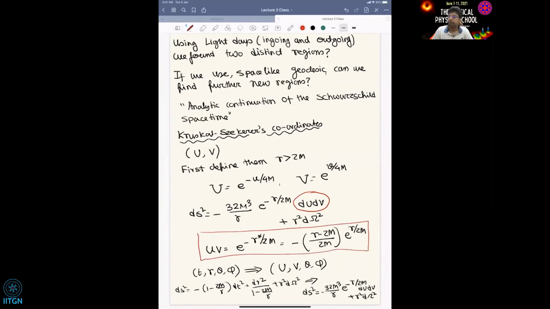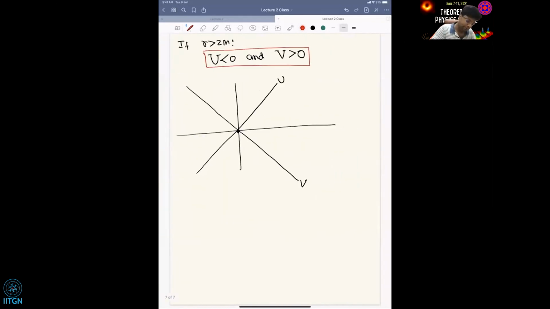Okay. So you can clearly see that as long as r is greater than 2m, this will be the constant r. r equal to constant, but greater than 2m. Okay. Again, r equal to 0 are the points where the curvature blows up. This is the singularity. It turns out Kruskal coordinates cannot be extended beyond that.